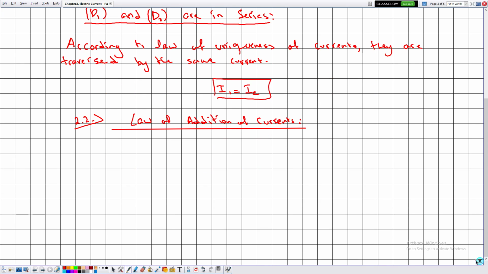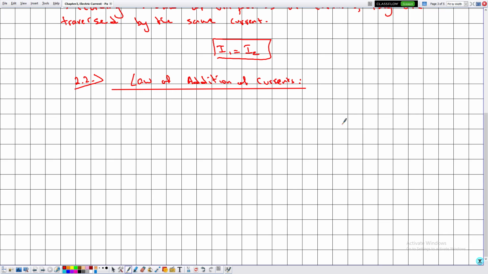So now let's consider the following grouping. Suppose here we have electric component D1. Suppose this is the point A and this is the point B. Now let's suppose that the point B splits into 2 terminals.